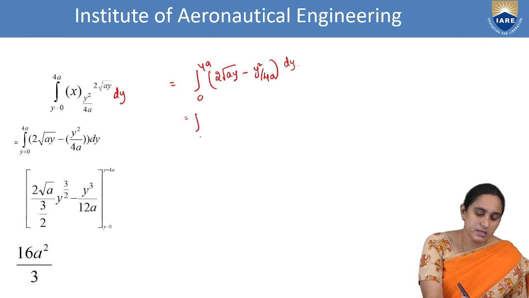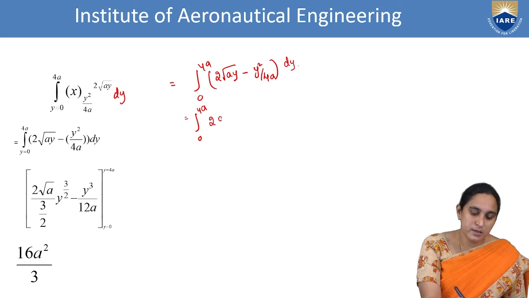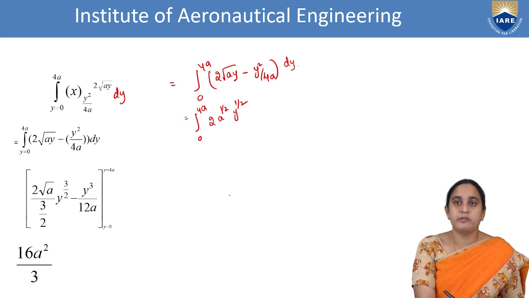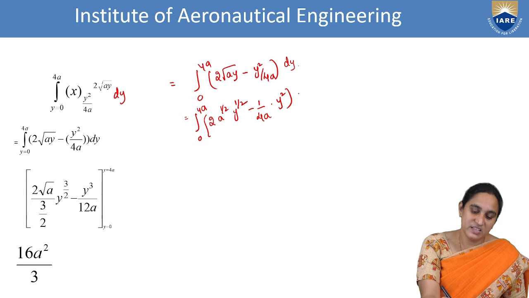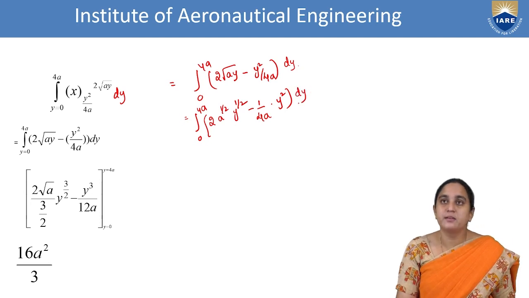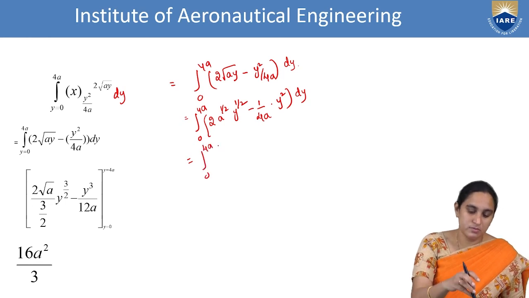From that, the integral from 0 to 4a of 2 root a power 1 by 2, and y I'll write simply as y power 1 by 2, minus 1 by 4a into y square, into dy.